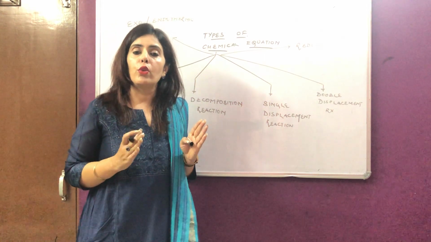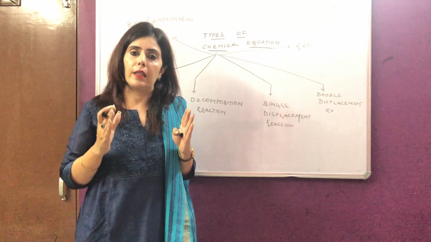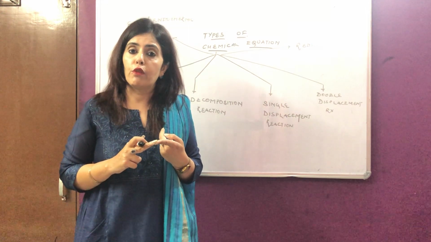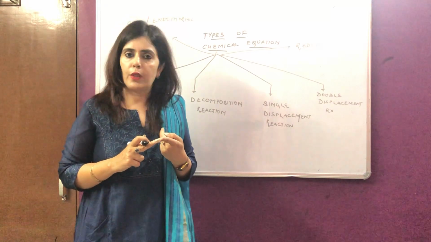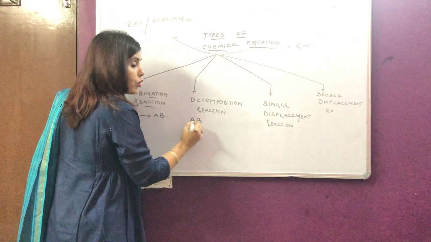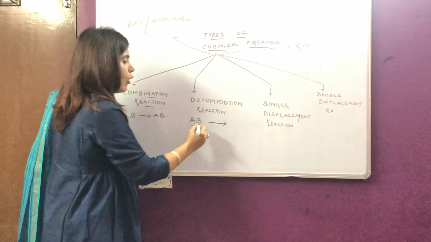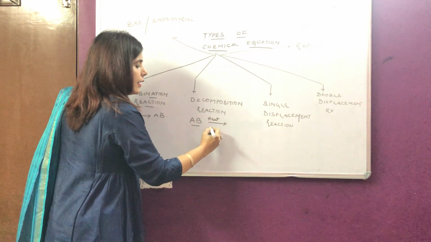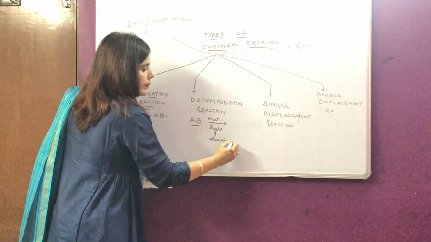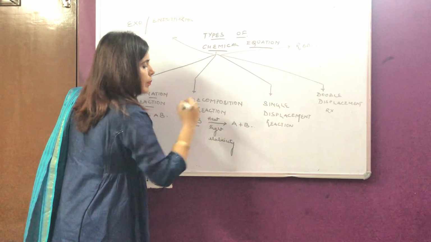What do we mean by decomposition reactions? Decomposition reactions are those reactions in which a single reactant decomposes in the presence of heat, light, or electricity to give two or more products. So what does this mean? Suppose a single reactant, which has to be a compound, is given energy in the form of heat, light, or electricity, and it breaks down into two or more products.